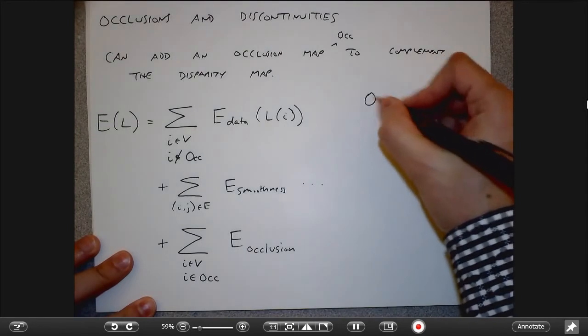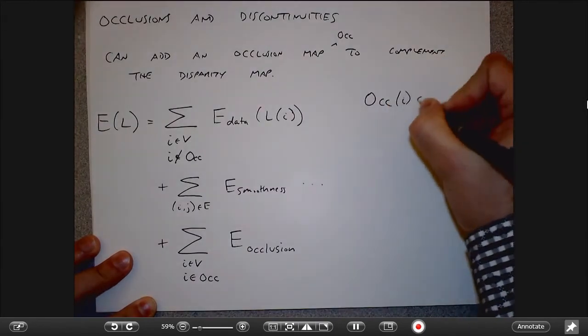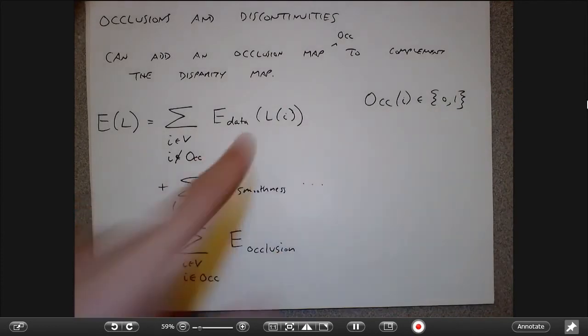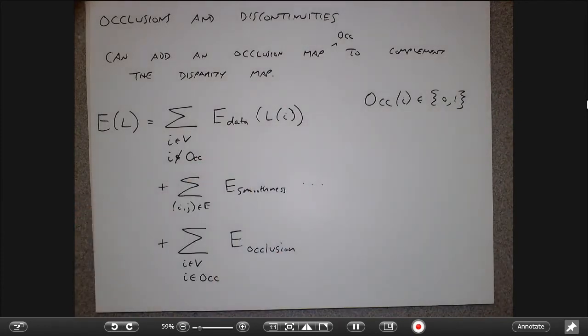Now my occlusion map at pixel i is either 0 or 1. And so I don't compute disparities for places where I am occluded. Instead, I add a penalty to my overall cost function that says, I'll let you be occluded, but you're going to pay a price on the overall cost function for that.